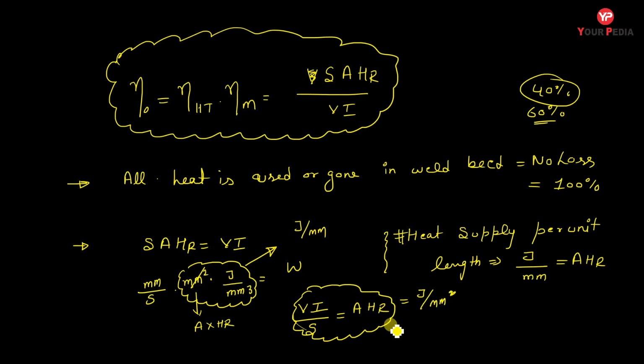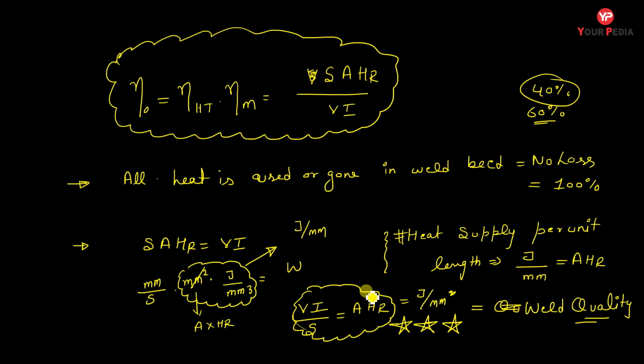Many times questions are asked from this concept. So this is all about the efficiency of arc welding process and some important units. This quantity, heat supplied per unit mm, is also called weld quality.